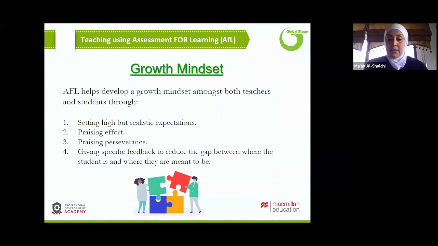This helps teachers to both set realistic expectations when asking students to work, and also it helps provide a level of comfort inside the classroom. So the assessment for learning helps develop a growth mindset amongst both teachers and students through, again, setting high but realistic expectations.